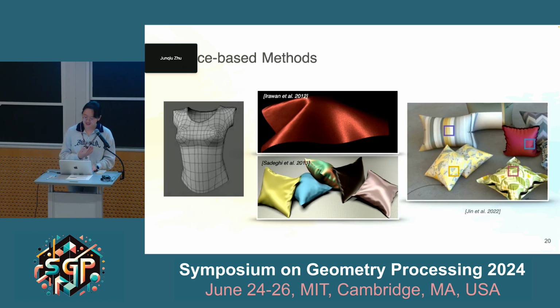Now we conclude that surface-based methods treat cloth as an explicit surface like a mesh, and primarily encode its appearance through a reflectance model or scattering at a given point, for example, like these previous works. The advantage of such methods is their speed and lightweight nature, as they treat cloth as a surface and do not consider the complex geometry and multiple scattering within the cloth, so they are memory and time efficient.